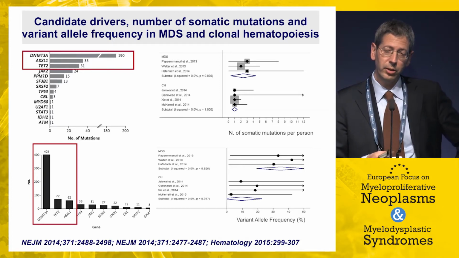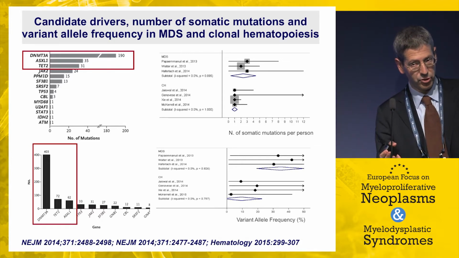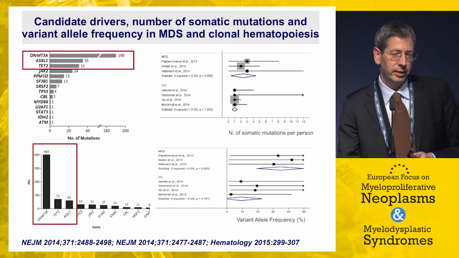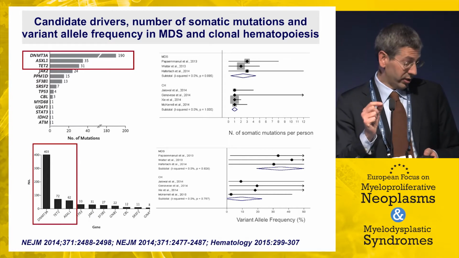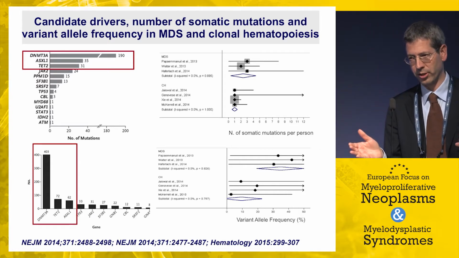If we look at the number of somatic mutations in subjects with these age-related hematopoietic clones, we can clearly show that most of these subjects have only 1 mutation in the set of the analyzed genes.